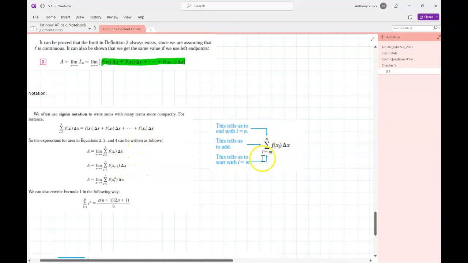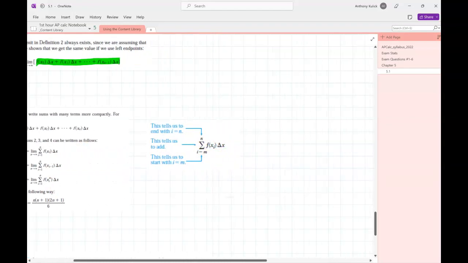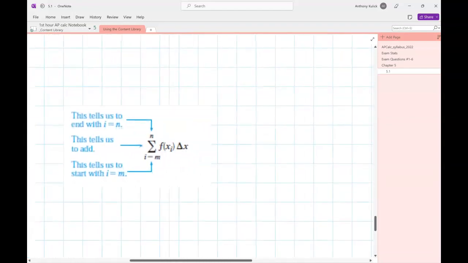So again, when you're reading sigma notation, this is just your decoder ring for how you interpret the information there. The top of your sigma tells you the value that it stops at. The bottom of the sigma tells you the value that it starts with, and the i equals tells you the summation variable, the index variable. So the i's are what are going to be changing.